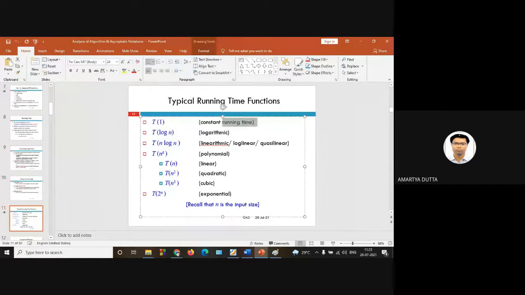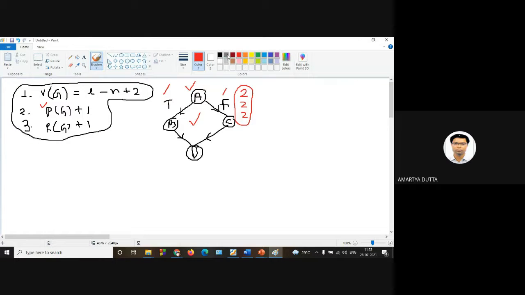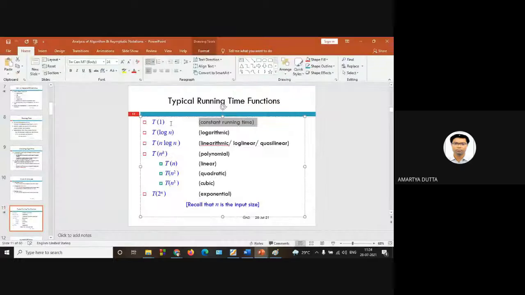If we put it on a graph, n is the input size along the x-axis, and along the y-axis we have the growth of the function f(n). The fastest complexity is constant, T(1).